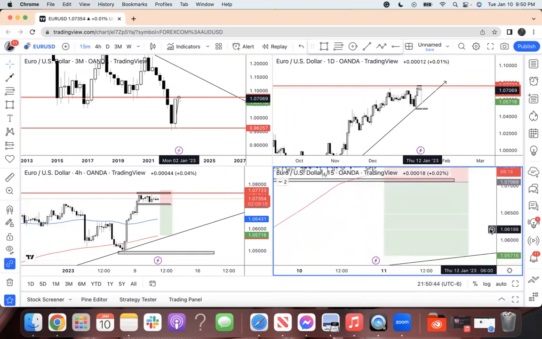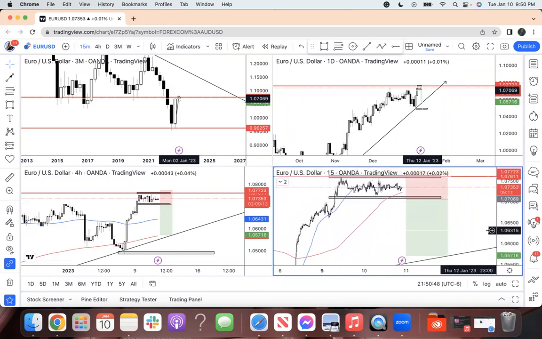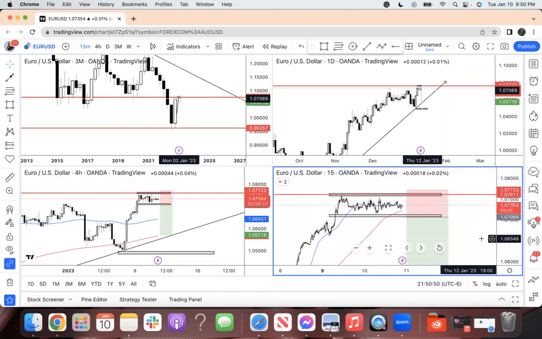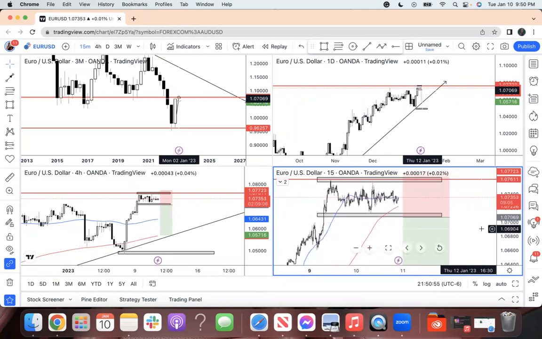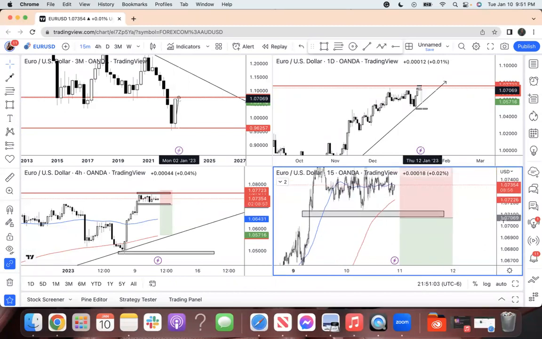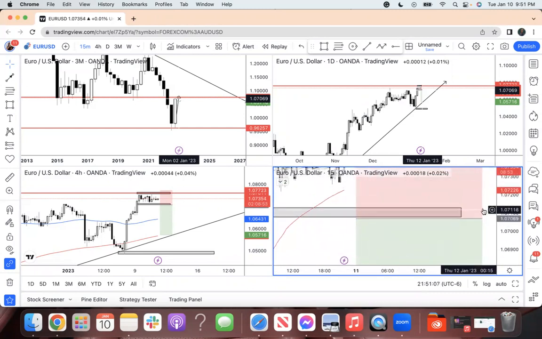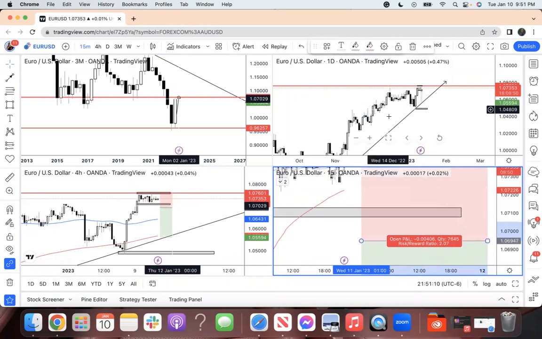And we're also giving ourselves several different scenarios on how the market could actually play out. We're not marrying a trade. We're not saying that, oh, we know that price is going to come down to the trend line, then it's going to reject back up. We don't know what it's going to do, but we are giving ourselves several different scenarios on what could possibly happen.